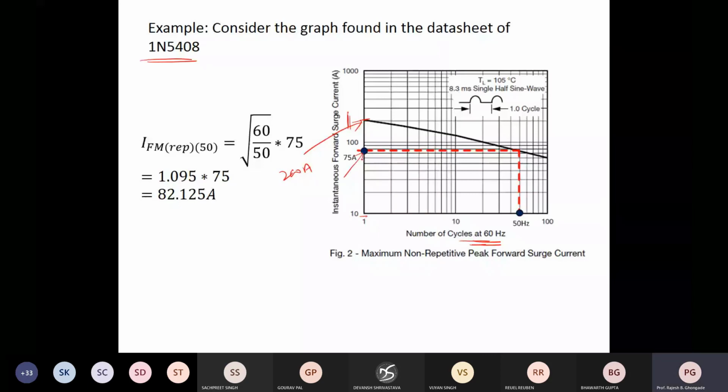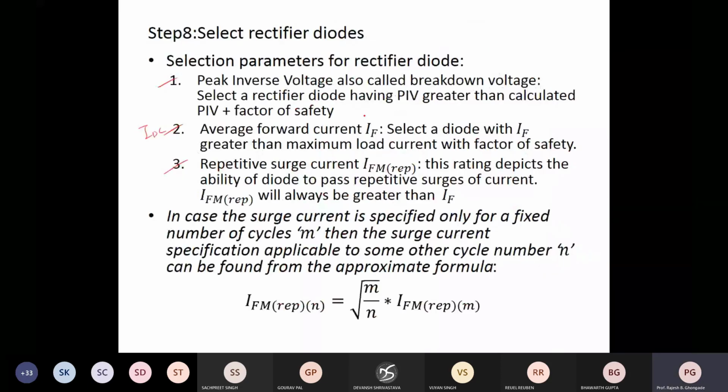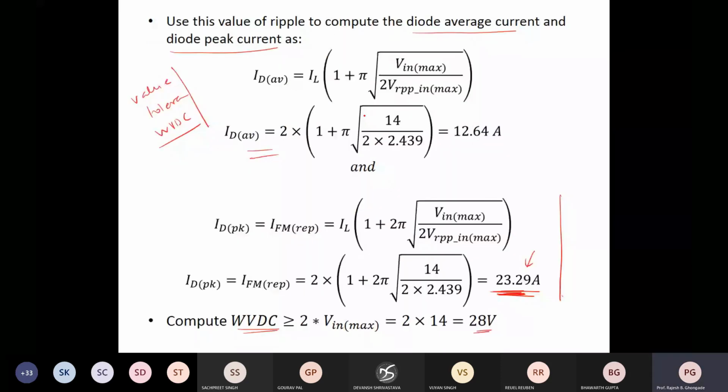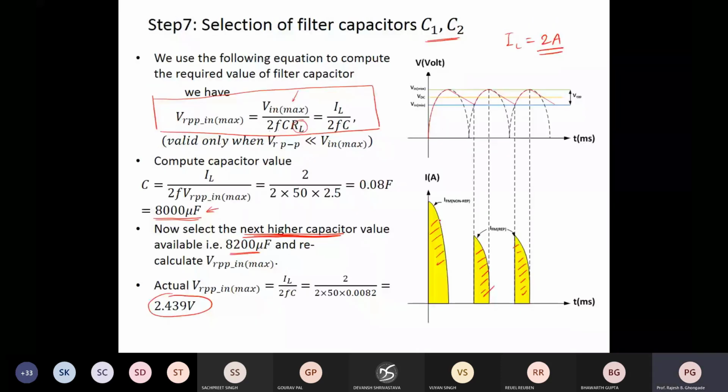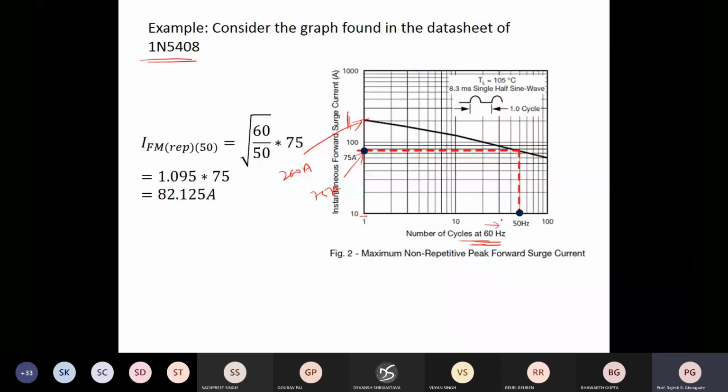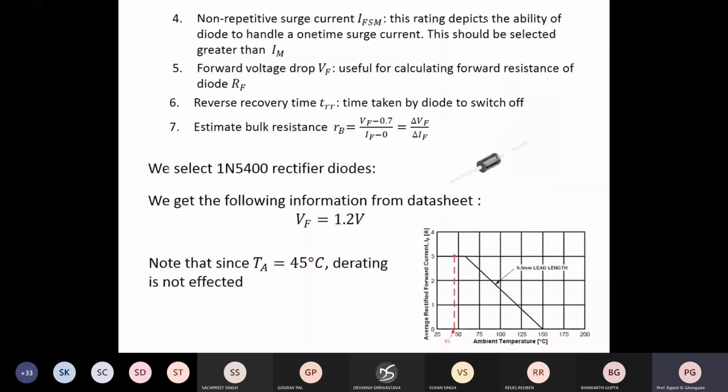So this is the repetition, whereas this is only one time, once in a blue moon. Based on that graph, we are supposed to find out the rating given by the manufacturer and select accordingly. For 1N5408, it is 82.125 amperes. For the non-repetitive, we have already found that as 200 amperes for this device.